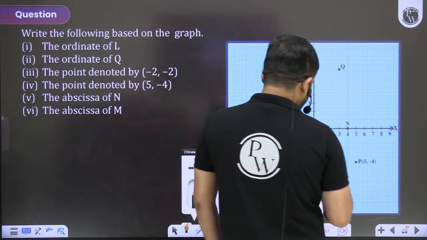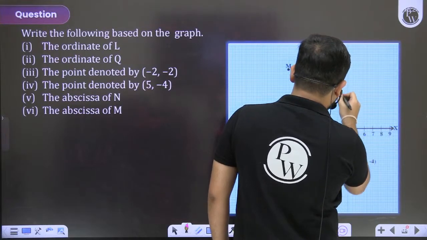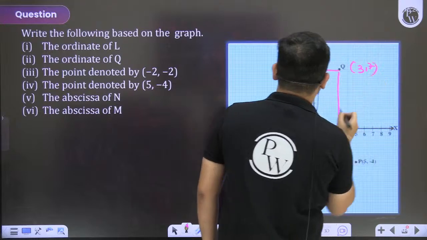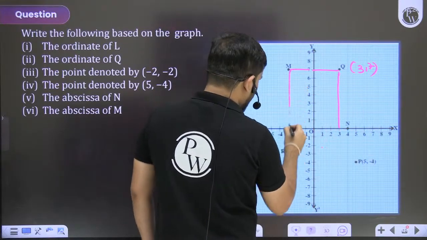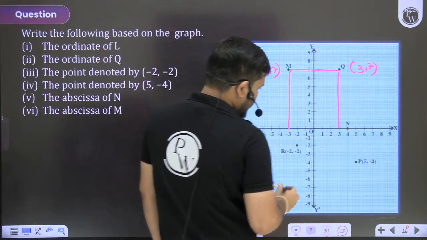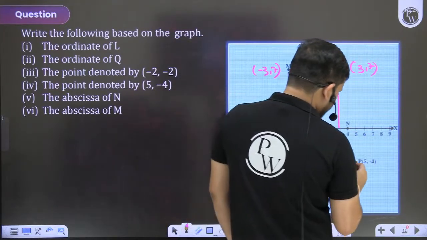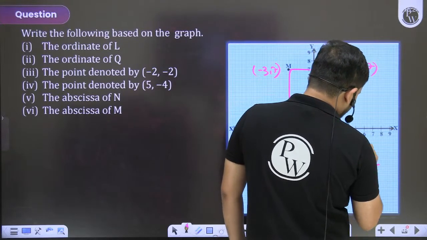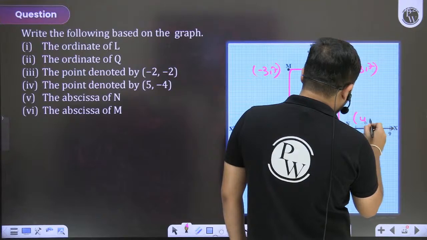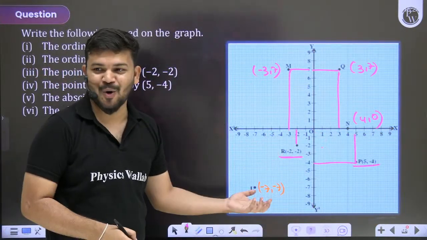Then next one, which means Q is 3 comma 7, M will be -3 comma 7, and R will be -2 comma 2, which is already given over here. Point P is 5 comma -4, yes, given. And N will be, x value will be 4 and y value will be 0.